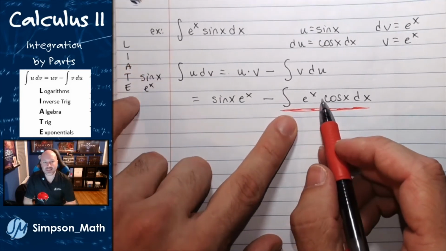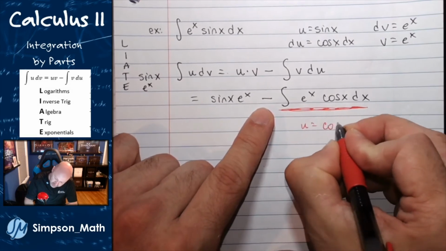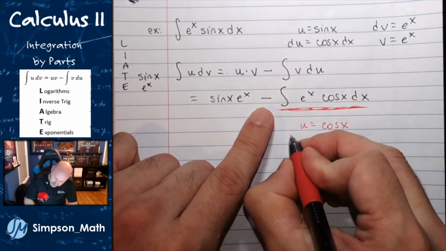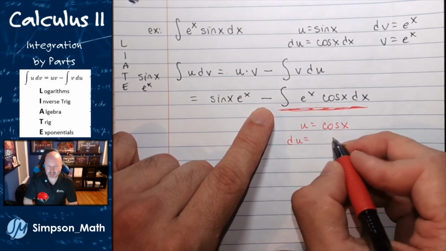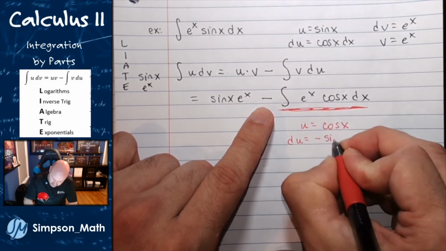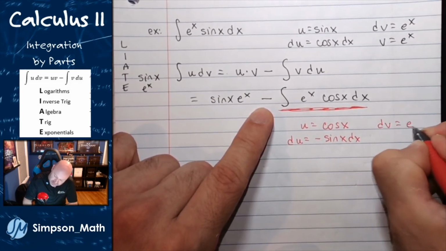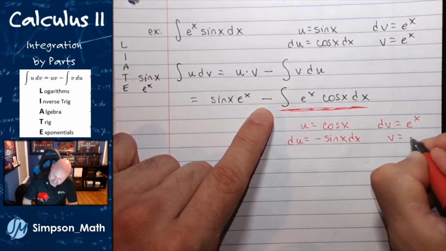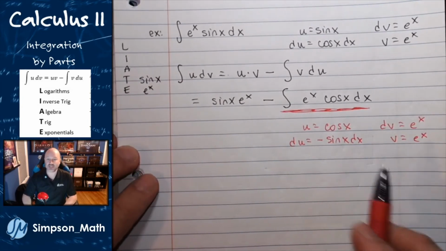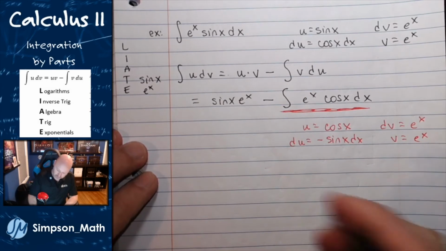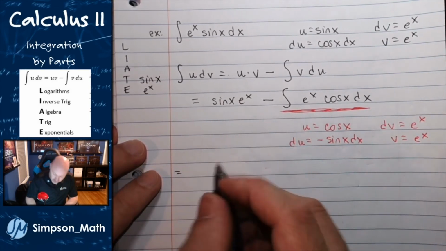Using the same LIATE system, I would let u be the trig function cosine of x. du is a negative sine x. dv we're letting be the exponential, and v is e to the x. So I'll shove this into the parts formula again. I'm not going to forget this original term out here.